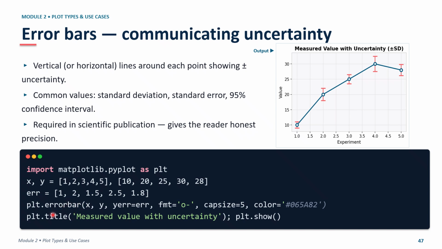So it is different for each, and now I can plot the error plot like plt.errorbar, giving the x-axis value, y-axis value, and the argument yerr. yerr is the vertical error bar size, and fmt is a format string for the marker. Here we have mentioned the line and the circle. So o indicates a circle, and the connecting line is going to be a dash, and the capsize is 5, which adds a small horizontal cap at the top as well as at the bottom of each error bar.